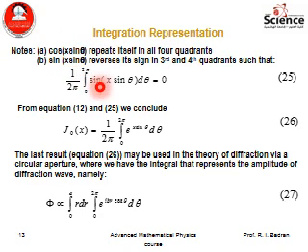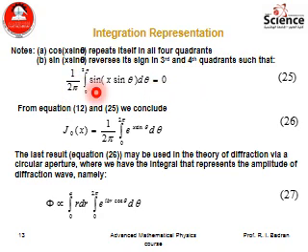While for the integrand sine of x sine theta, over one cycle from 0 to 2 pi, we can see that sine of x sine theta reverses its sign in the third and fourth quadrants.